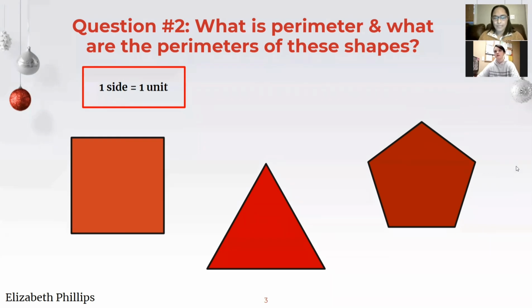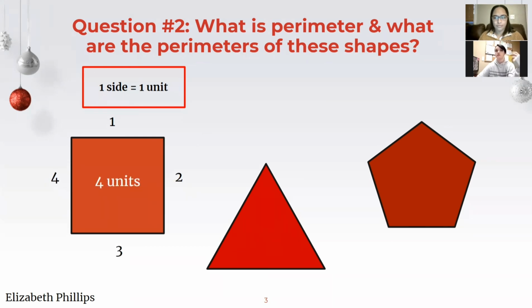So what we're going to do, if we look at our shapes, all of them have different sides. One side is going to be equivalent to 1 unit. So when we look at our square and we count up all the sides, we're going to have 1, 2, 3, 4 sides, which means that our perimeter will be 4 units.